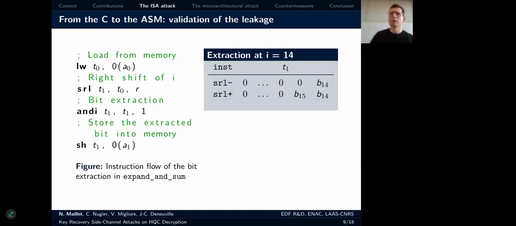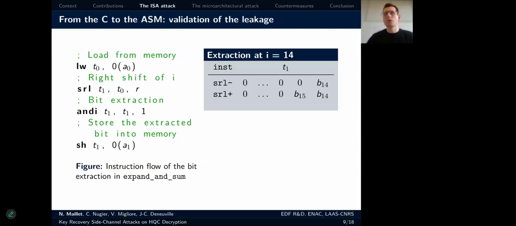And when you do some execution, at the execution step i equal 14, what you have is that the register T1 takes the value B14 and only 0, and then when doing the right shift at this instruction, just after the right shift, you have a transition from a 0 to B15, and this transition induces a leakage transition which allows you to recover the B15 bit.